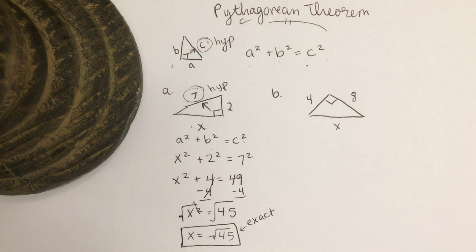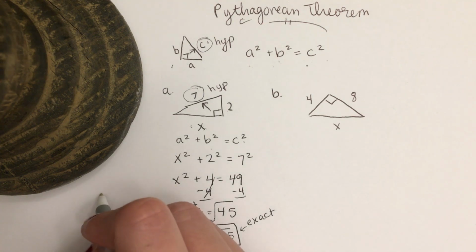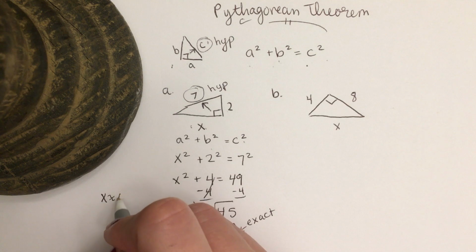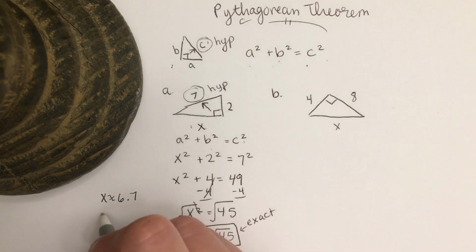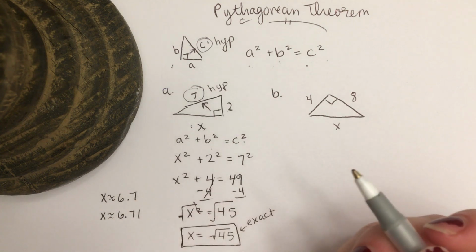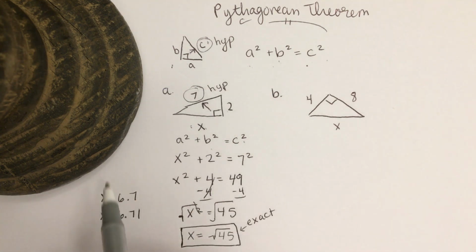Sometimes it's going to ask you to round it. It might ask you to round it to the nearest tenth or the nearest hundredth. So in order to do that, we would need to plug that into our calculator. And in this case, if we round it to the nearest tenth, we would get 6.7. If we round it to the nearest hundredth, we get 6.71. So it just depends on what the directions ask.